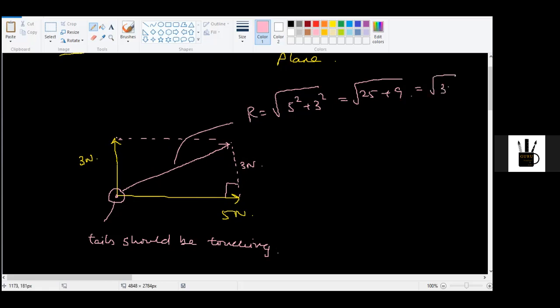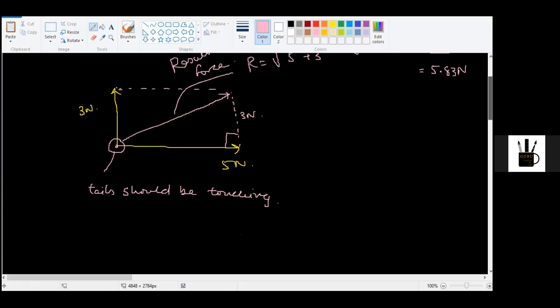So root of 34 Newton, something close to 5 point something, right? 36 is 6, so 34 will be 5 point something. Any doubts here? 5.83. 5.83, okay. So this is what we call the resultant, the resultant force.